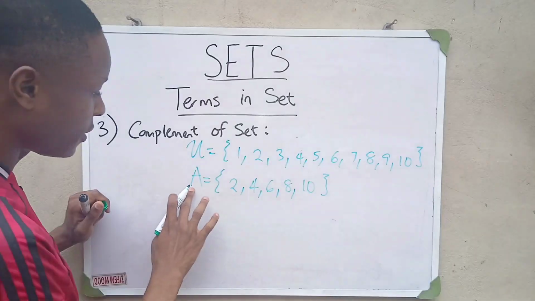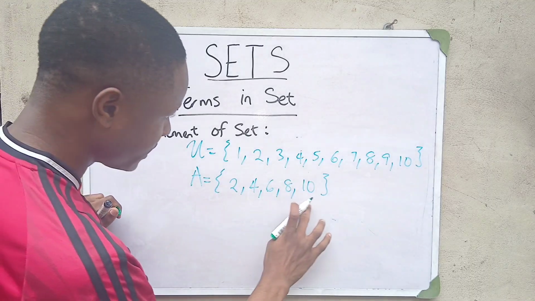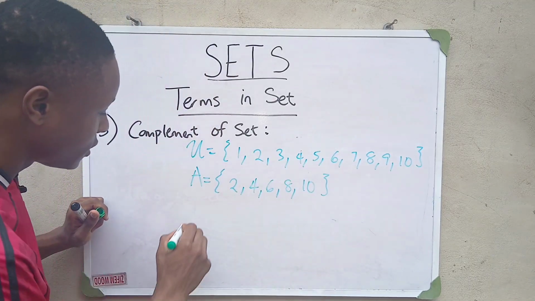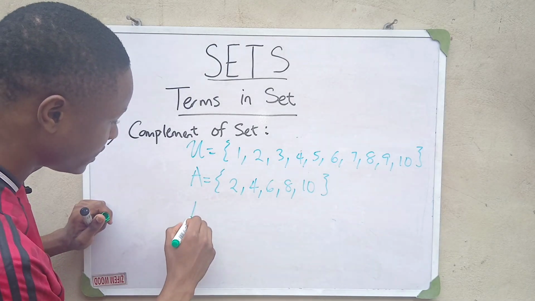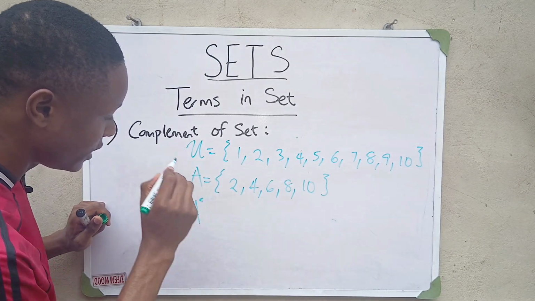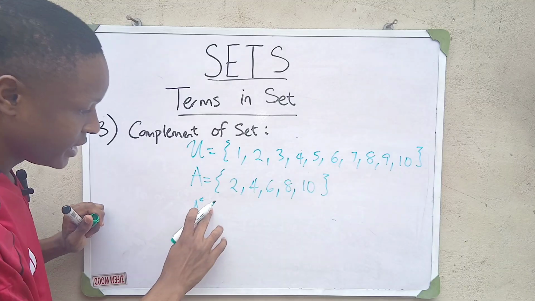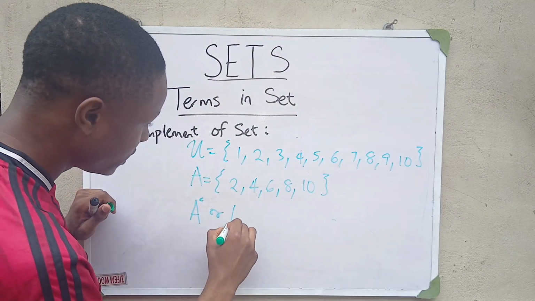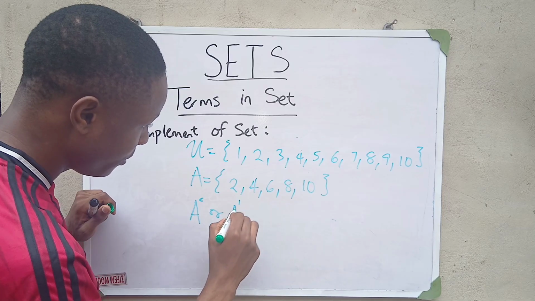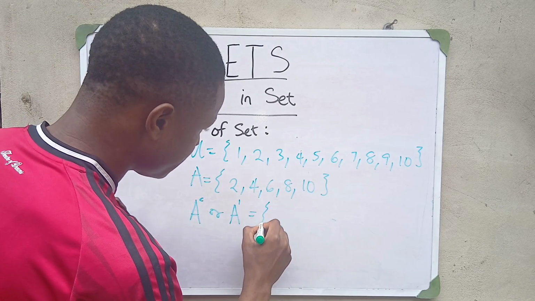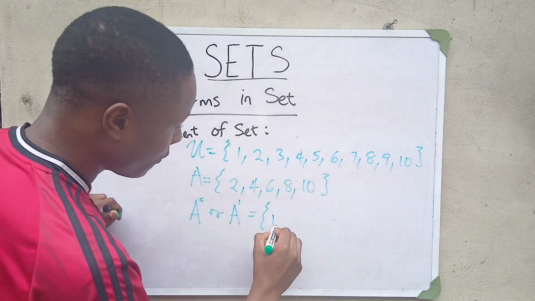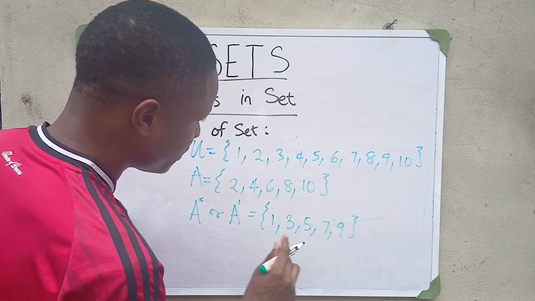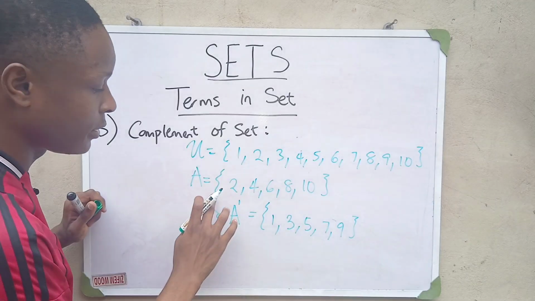Now the complement of set A are those elements that are in the universal set but are not in set A. We write A complement as A superscript C, that is A with C on top, or we write it as A prime. So we have 1, 3, 5, 7, 9. Those are the elements that are in the universal set but are not in set A.